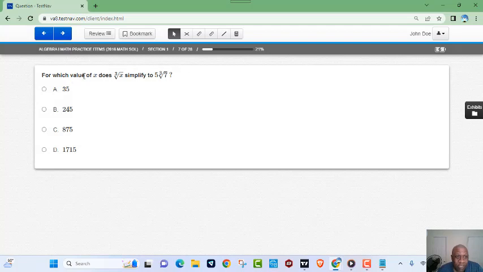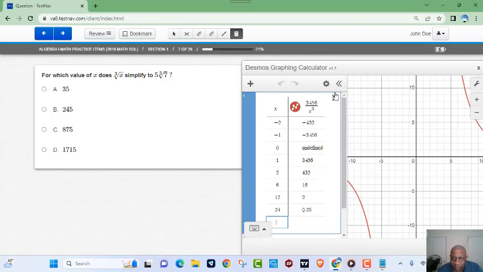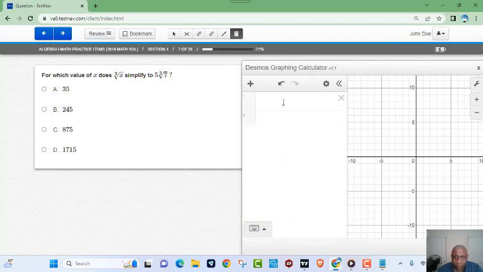Okay, question 7. For which value of x does the cube root of x simplify to be the 5 cube root 7? Okay, let's go back to our Desmos here, and let's clear this out. So, if I put in 5, and then cube root, CBRT, 5 cube root 7.